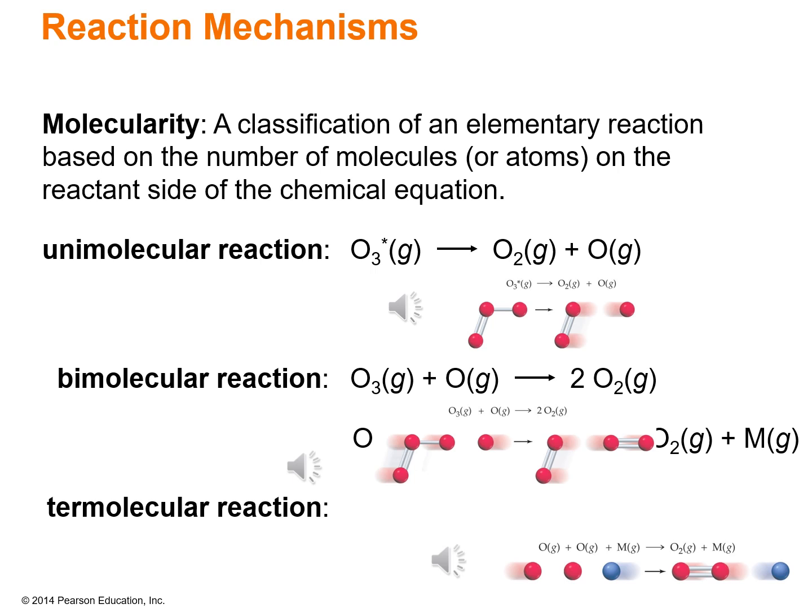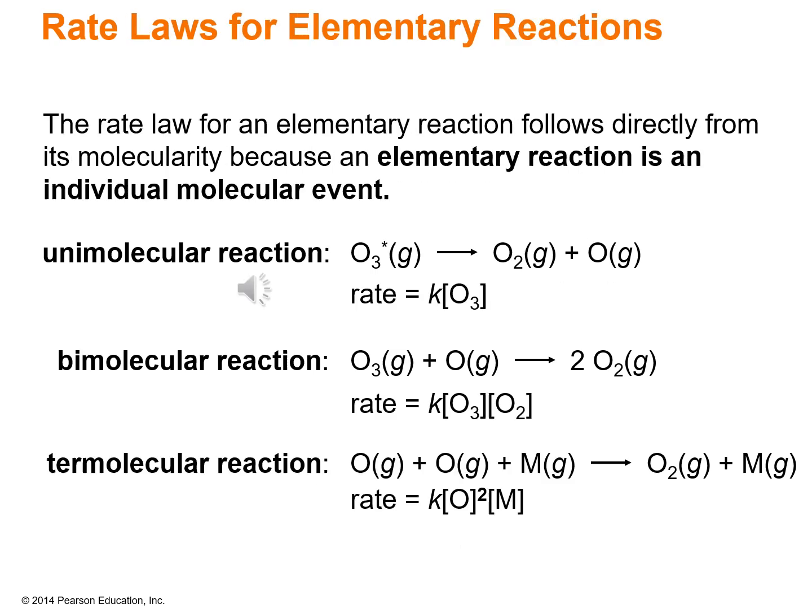And a termolecular reaction is going to happen when you basically have three atoms or molecules coming together, and this is pretty rare. So again, you could think of something like playing pool. If you're hitting three balls at once, it's not going to be as common as maybe hitting two or simply one.